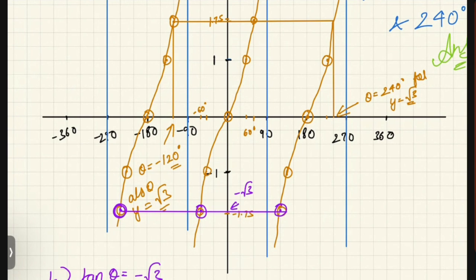If you want to find theta, or in other words x, your perpendicular should come from the y-axis on the curve, and from the curve that perpendicular should go back to the theta axis, because that will give you the value. Understood? Okay. We have made the curve like that, so now let's start from here. You drop, this is one of the points, minus root 3, see? Correct? Now this is my curve. So I am gonna drop a perpendicular from this curve on the theta axis, or in short the x axis.